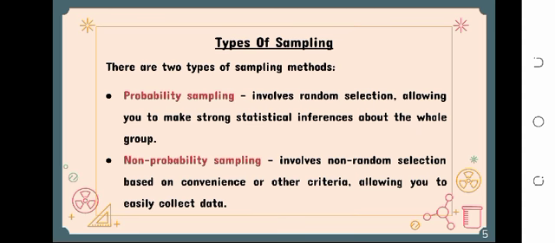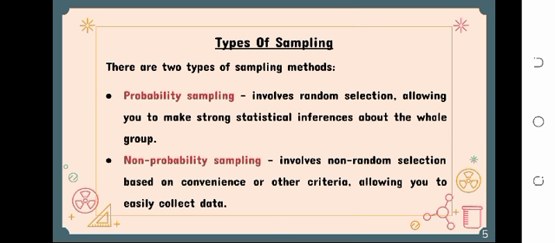Next, if we move on to the types of sampling, there are two basic types of sampling. These are probability sampling and non-probability sampling. So the probability sampling, as the name indicates, is a sampling based upon chance event, or you can say random selection. It is by chance sampling method.